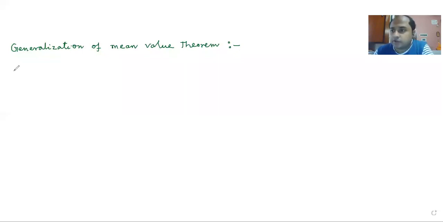So let us first write the statement of the theorem, and then I'm going to show you some of its special cases and their applications as well. Okay, so Taylor's theorem goes like this.